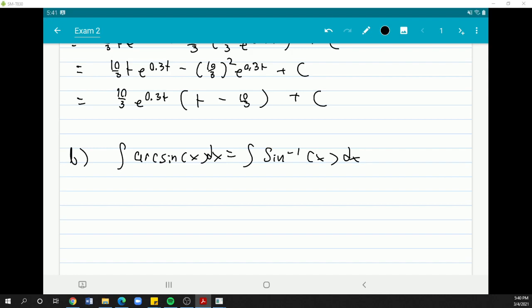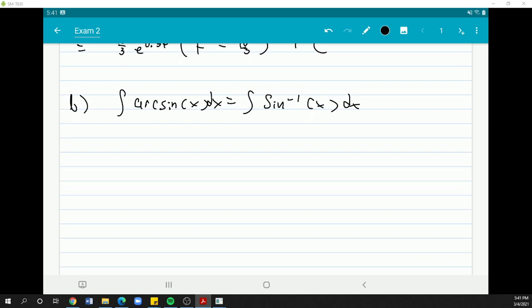At first this seems kind of spooky, but it's really not that bad, because the trick is you let u be arc sine of x. So du is 1 over the square root of 1 minus x squared, because that's the derivative of arc sine.